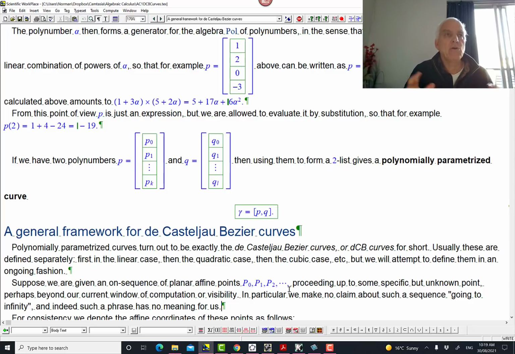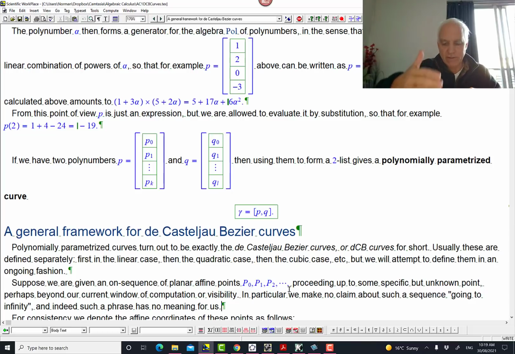Okay, but we're not going to claim that we're going to be looking at an entire sequence going to infinity or any such thing, okay? Because we are not allowed to do an infinite number of things, including looking at an infinite number of elements in a sequence. But I do want to give you this ongoing orientation right off the bat, that we're thinking about building things up one stage at a time.